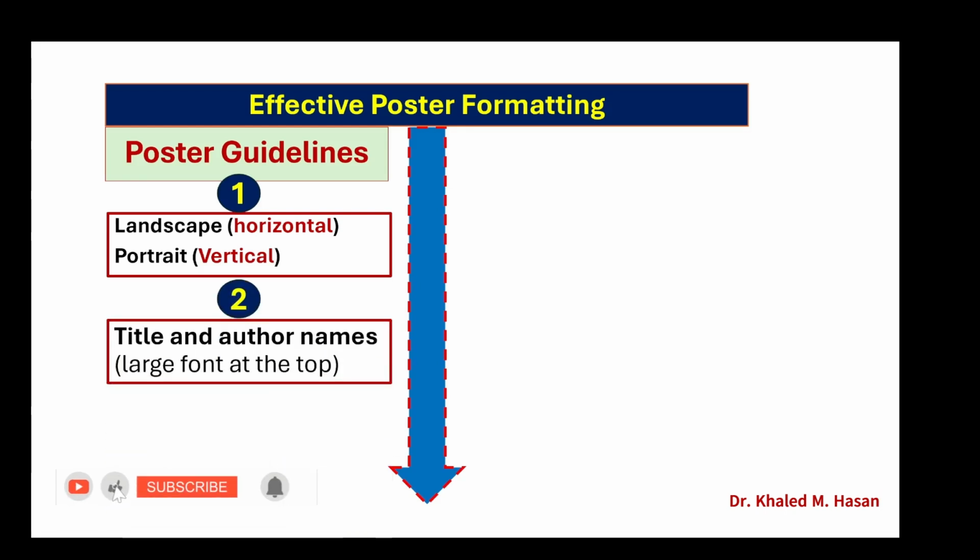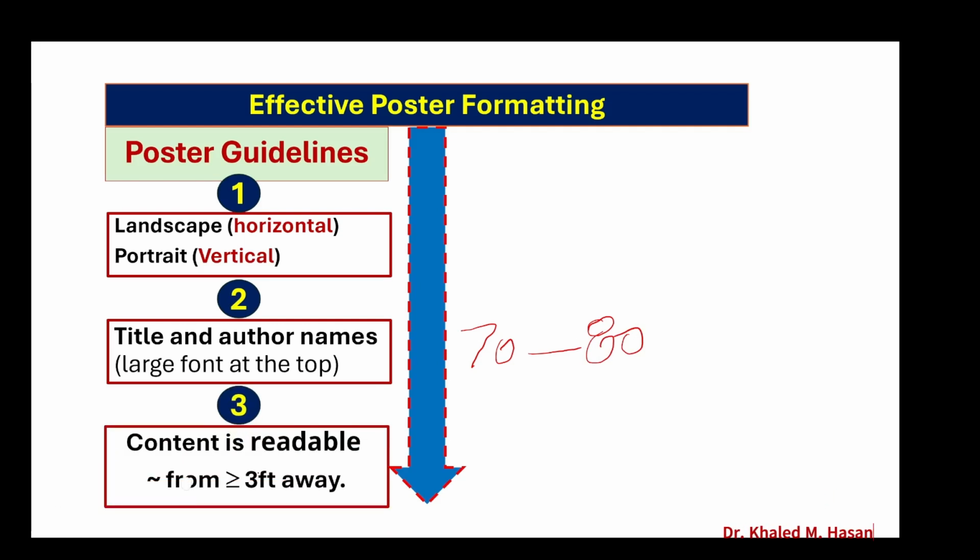Then we need to focus also on the title and the author names. These should be in a large font size, for example 70 to 80. Then we look at the content.